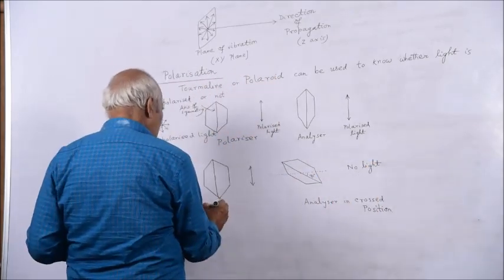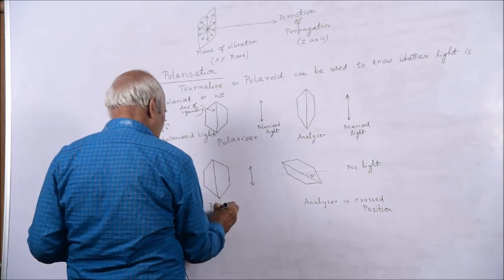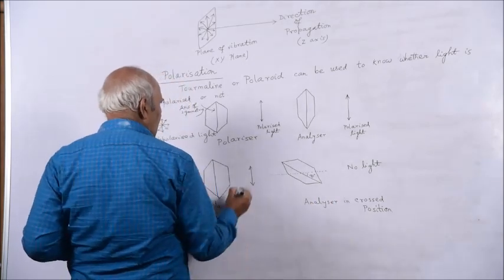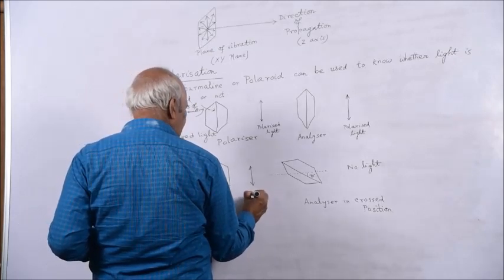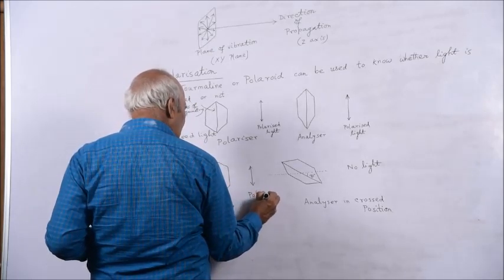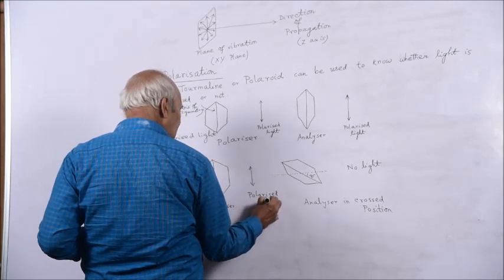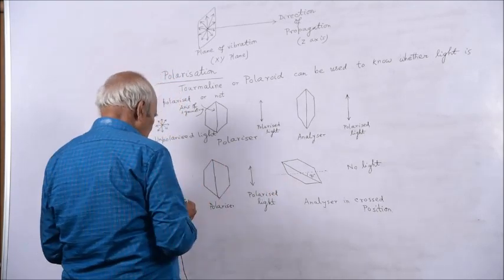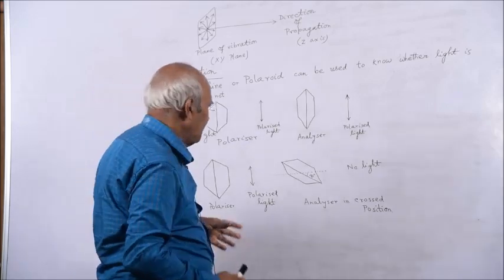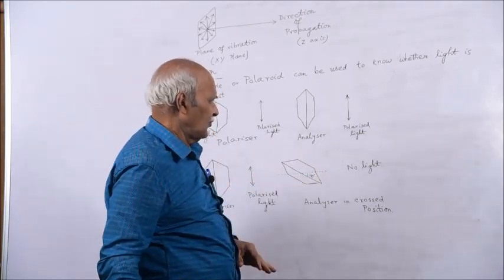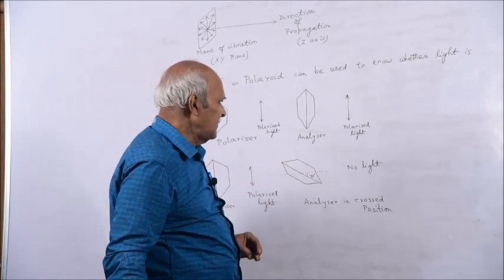So, this is your polarizer, this is analyzer, and this is polarized light. So, polarized light when passes through a tourmaline crystal or Polaroid kept 90 degree to the horizontal direction, they are called cross position, and no light is received.